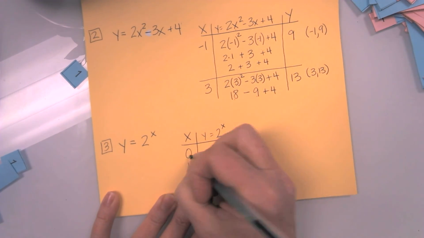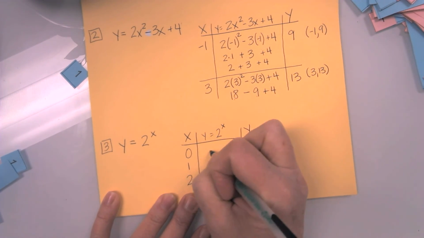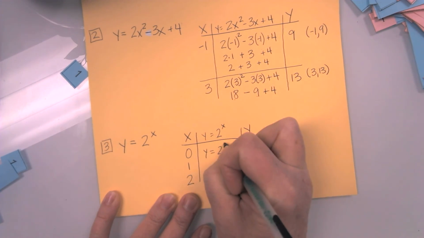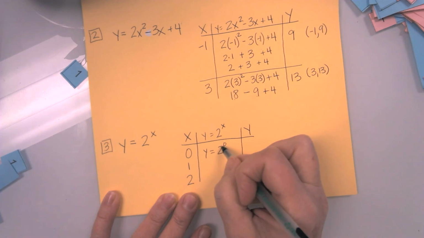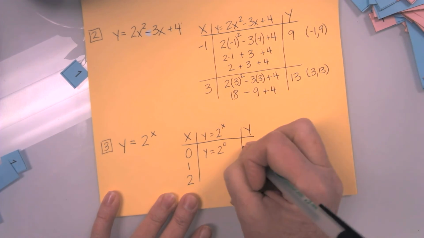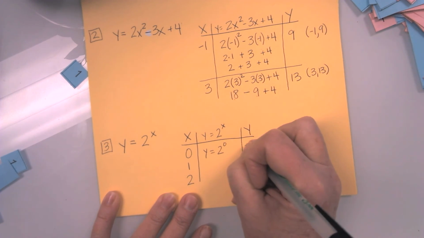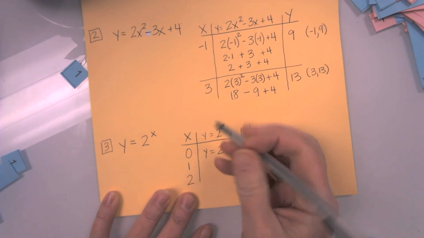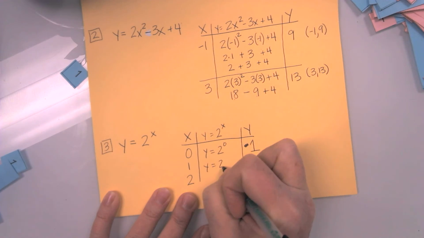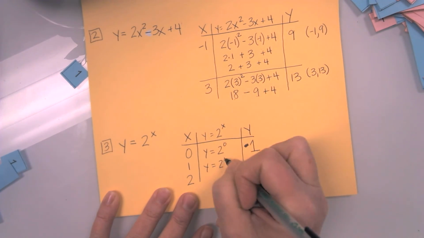Okay, so if I have x is 0, so now I have y equals 2 to the 0. Well, if you remember from 8th grade, any number to the 0 power is, oh sorry, not negative, is 1. Okay, now I'm going to put in y equals 2 to the first power.